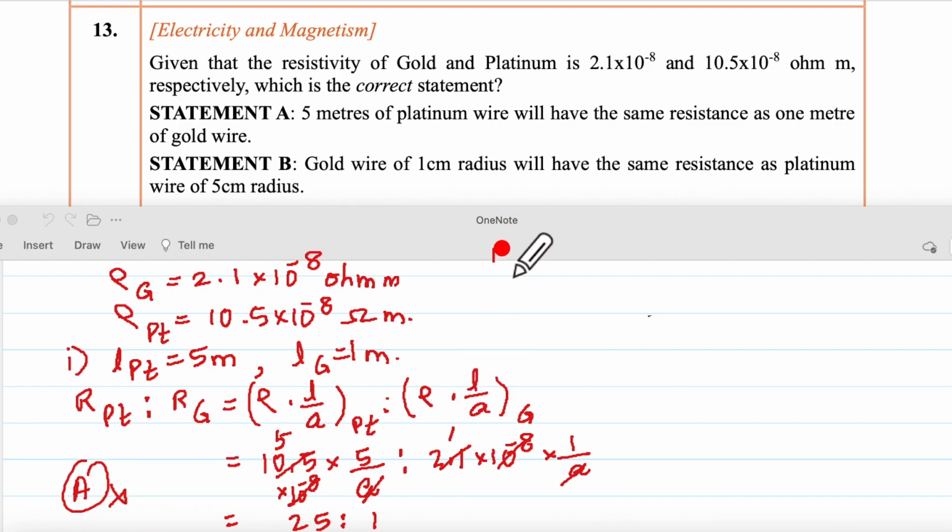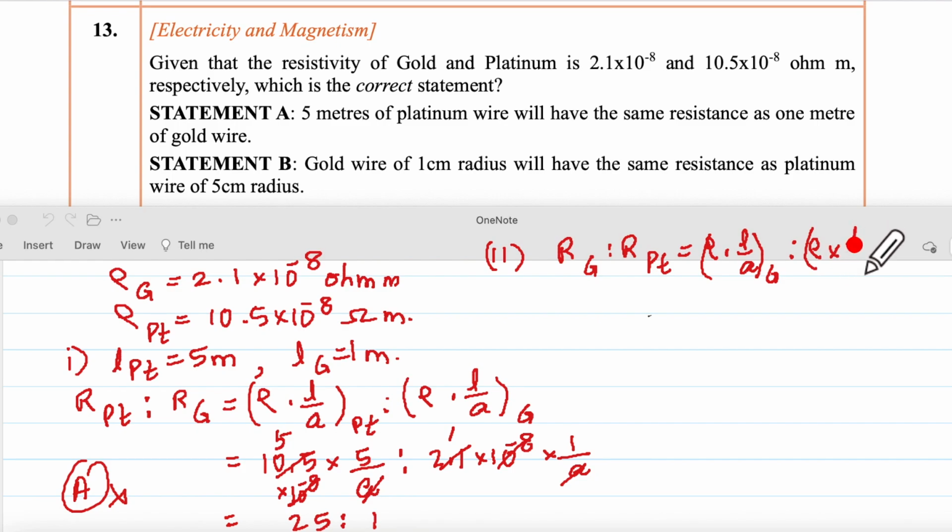Let us come to statement B. Gold wire of 1 centimeter radius will have the same resistance as platinum wire of 5 centimeters radius. So again we will have the resistance of gold wire is to resistance of platinum wire will be equal to rho into L upon A of gold is to rho into L upon A of platinum.